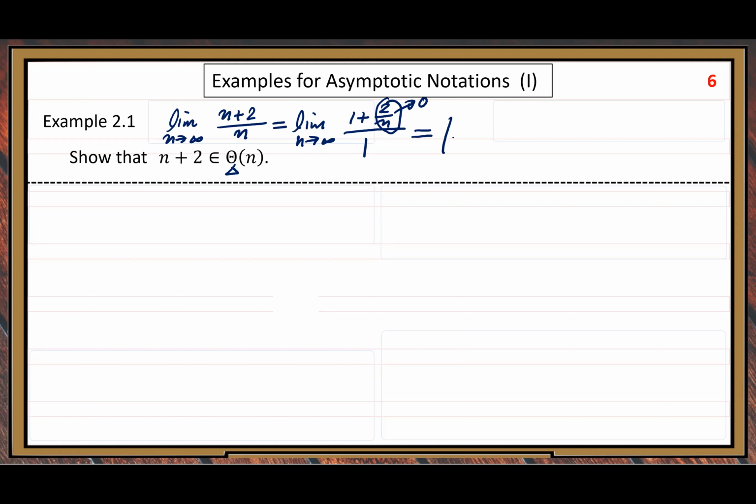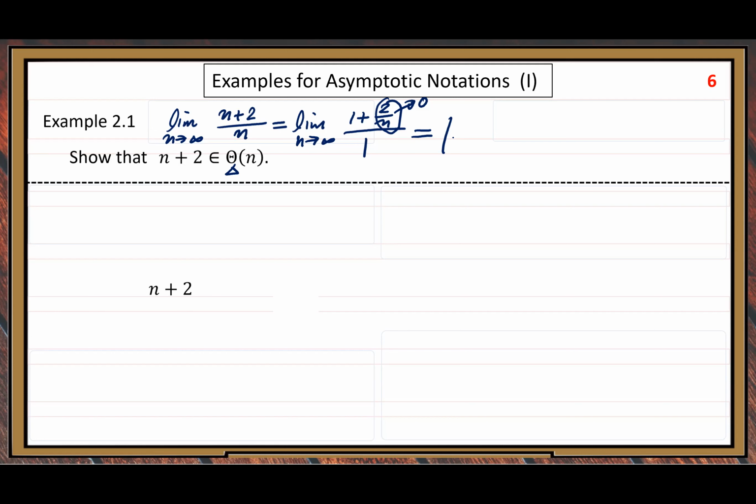But here, I want to show the second method. The second method, we use the formal definition. We need to find the upper bound, lower bound, and a constant n0 also. First, let's start with the function n plus 2. Let's look at the lower bound.